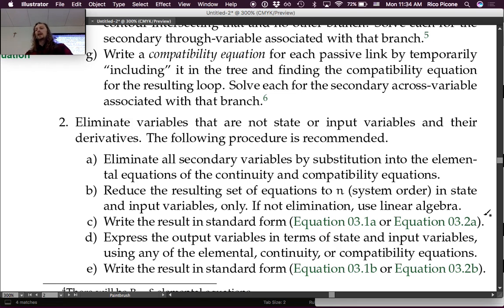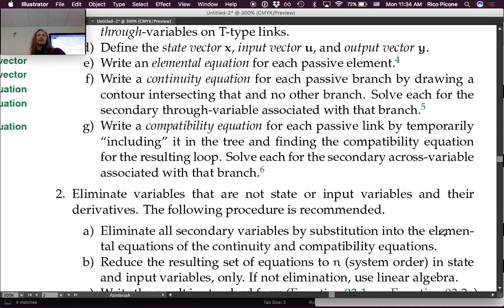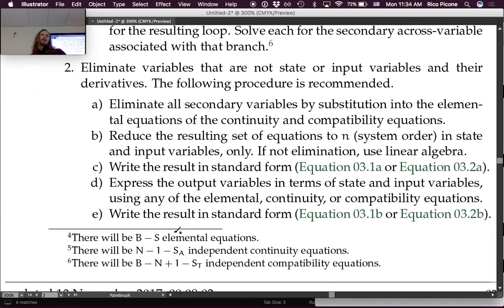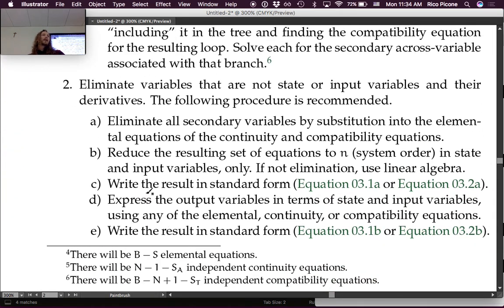I'll send it to you guys. On the computers downstairs we have Mathematica. Pretty much what you can do is give it the equations that you derive from up here, and it will do step 2 for you in its full glory, including the algebra part. We have to eliminate variables. It'll do all of that, and it'll write it into standard form.